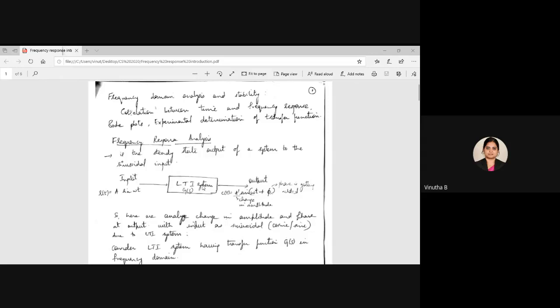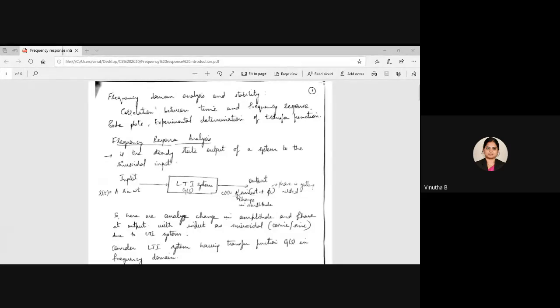That means now what is it that you can observe? The input is A sine omega t, but in the output there is a change in amplitude. A is changed from A to A dash, and along with omega t you have a phase which is getting added up here. So the input is A sine omega t and the output of the LTI system with a transfer function of G of s is given by c of t equal to A dash sine of omega t plus phi.